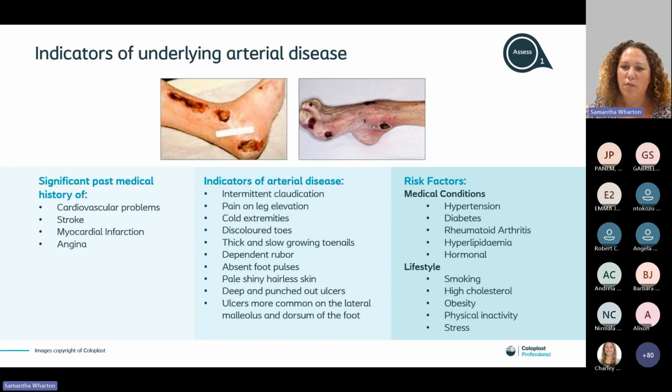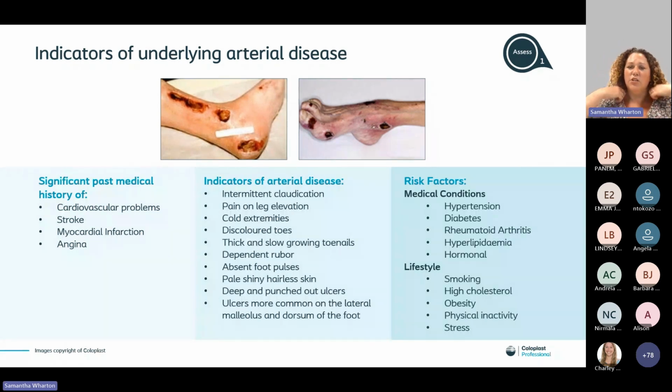And that's just where all that blood's sitting in the foot. You'll get absent foot pulses with arterial disease, pale and shiny hairless skin, again, because that blood's not getting down there. So the hair falls out, and the ulcers tend to be very deep and punched out. And they're more common on the lateral malleolus and dorsum of the foot.